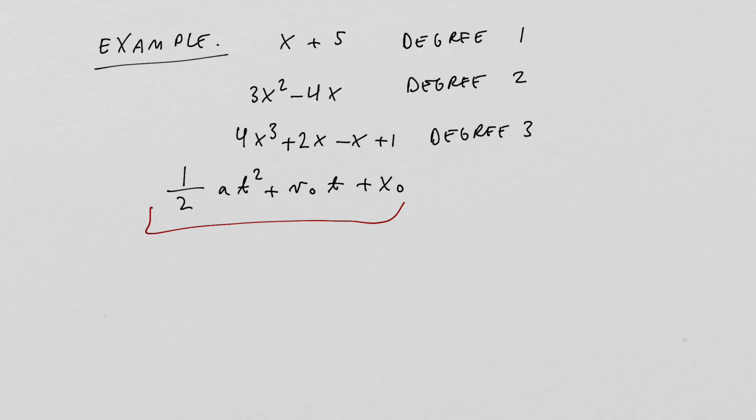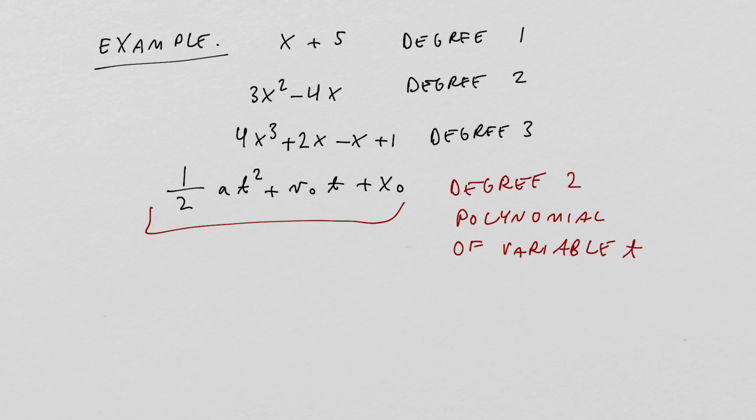This expression is also a polynomial, degree 2 polynomial of variable t. Here these other letters a, v0 and x0, these are considered here to be constants. The main interest for us is that when time goes forward, where will the particle go?